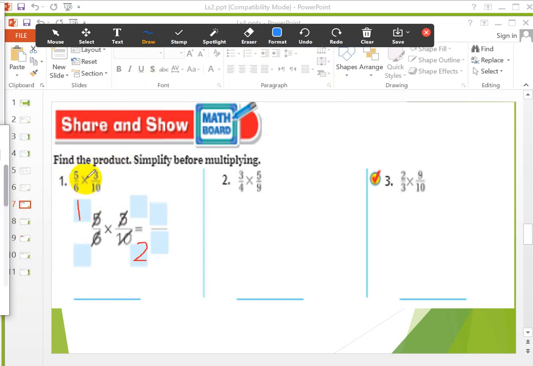Look, dear. 3 and 6 able to divide on which number? 3 and 6, dear. Can I divide 3 on 6? Can I divide 3 on 8? Sorry, no. But both numbers able to divide on 3, right?